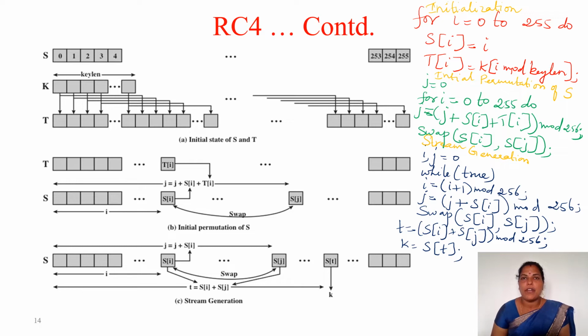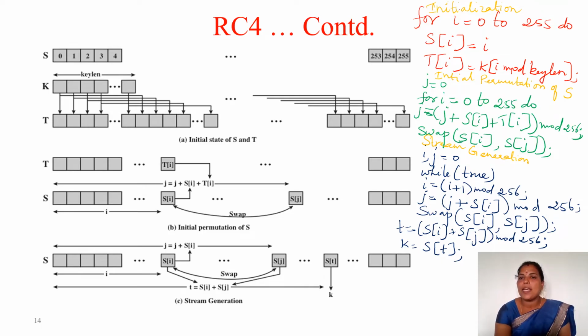Then we have to perform the initial permutation of S. Initial permutation means some transformation or transposition process, performed with respect to the temporary variable as well as the state value. It is based on j equal to 0, and for i equal to 0 to 255 do j equal to (j plus S[i] plus T[i]) mod 256.